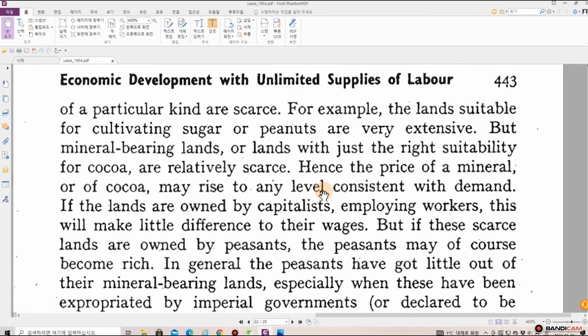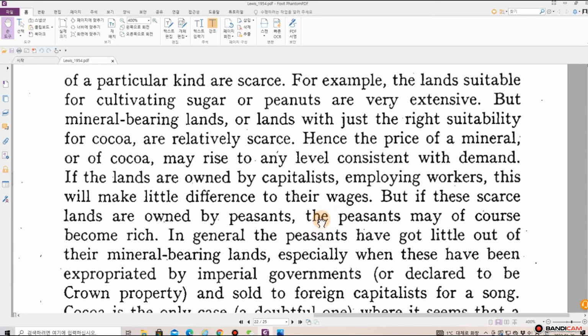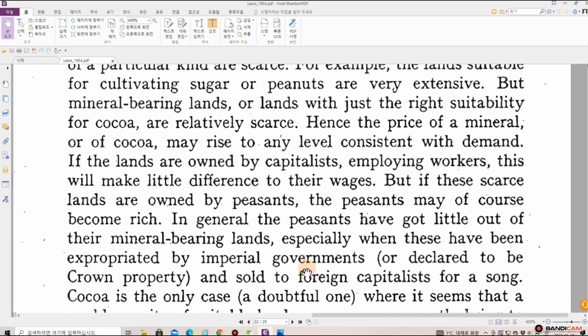For example, the lands suitable for cultivating sugar or peanuts are very extensive, but mineral-bearing lands or lands with just the right suitability for cocoa are relatively scarce. Hence, the price of a mineral or of cocoa may rise to any level consistent with demand.